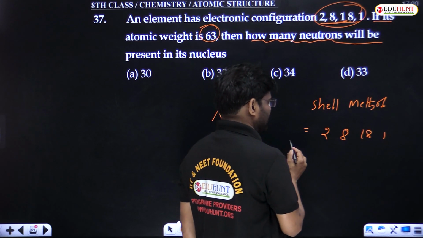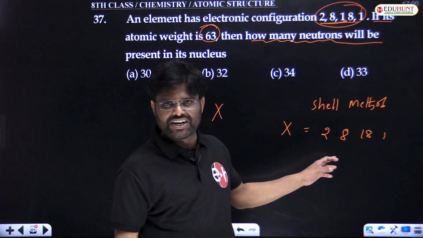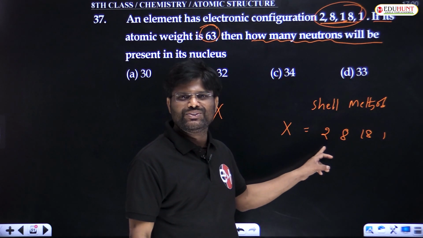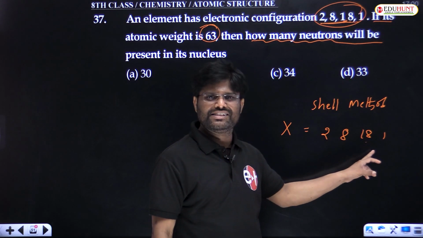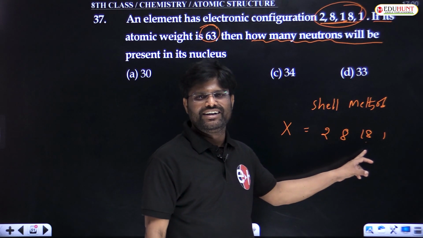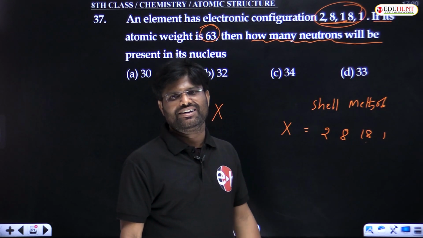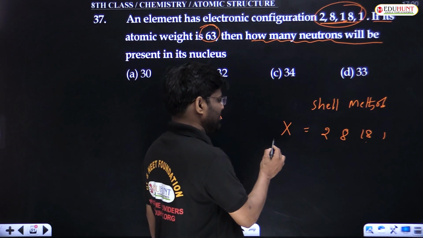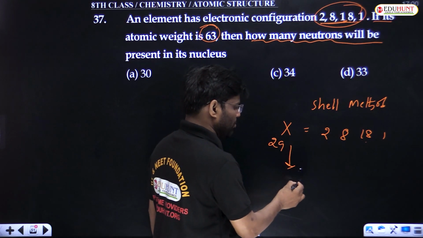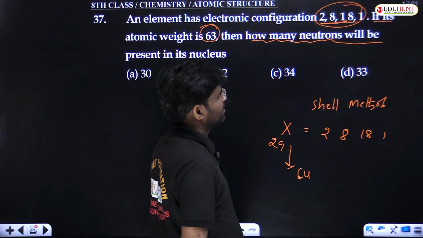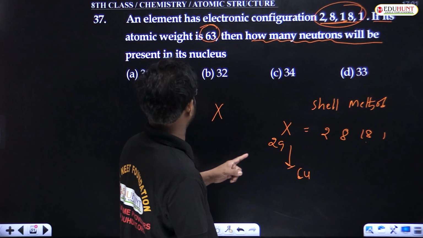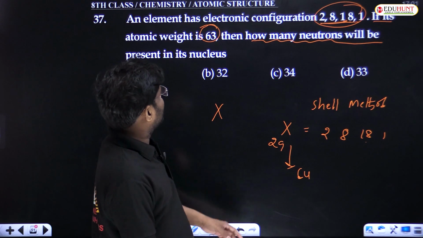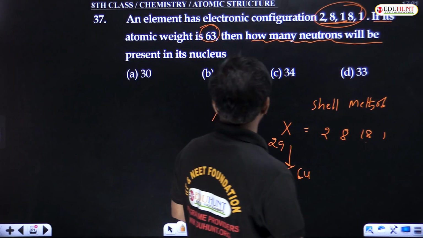So you can find the atomic number of that element. Children, 8 plus 2 is 10, 10 plus 18 is 28, 28 plus 1 is 29. So that element X is 29, that is copper only. Copper is 29. But what is given?